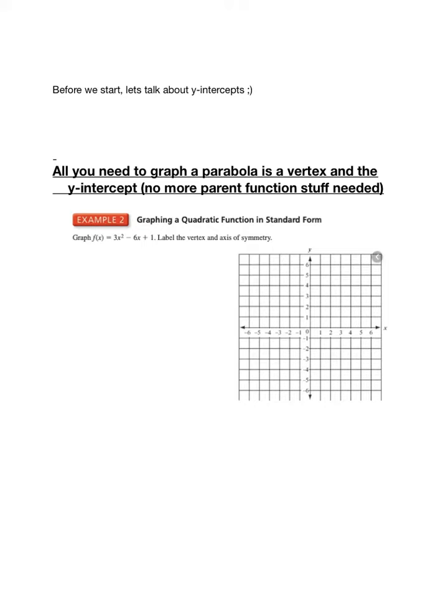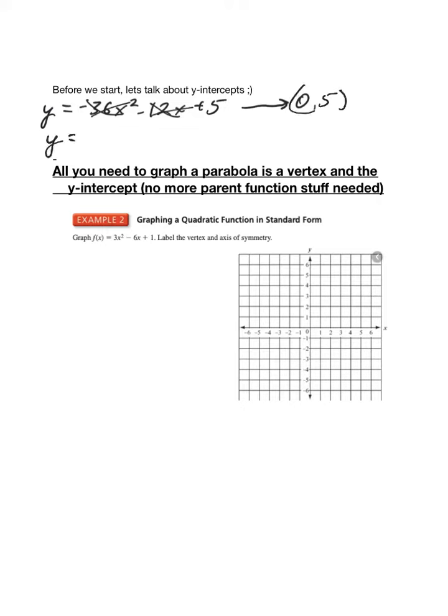I'll do two equations, and you're going to tell me the y-intercept of them. So y equals negative 36x squared minus 12x plus 5. What is the y-intercept here? Well, plug in 0 for x. The x values cancel, and I'm left with the point 0, 5. All right, pretty easy.